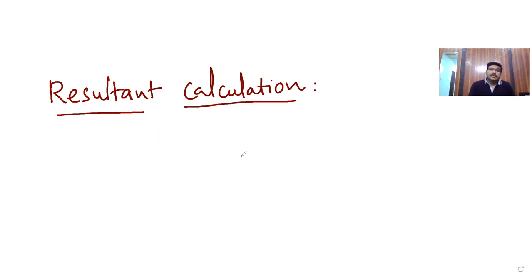Observe in the previous class, if a force is given, if this is x-axis and this is y-axis, this is origin.